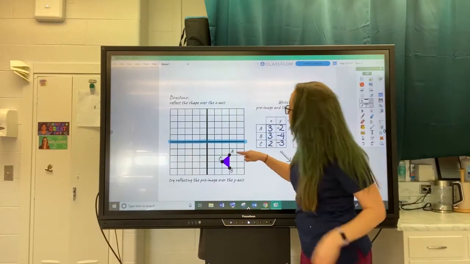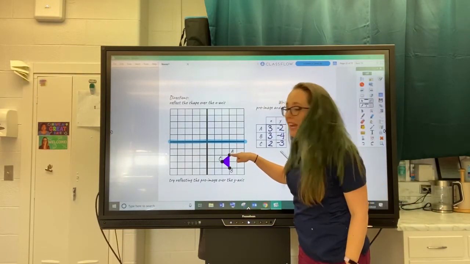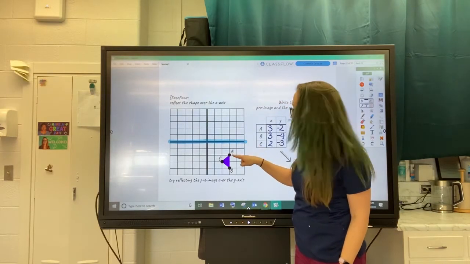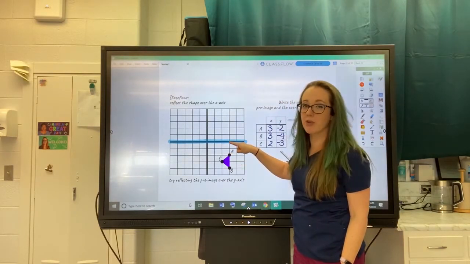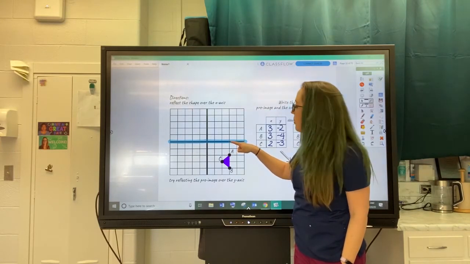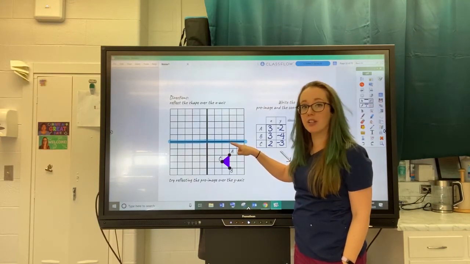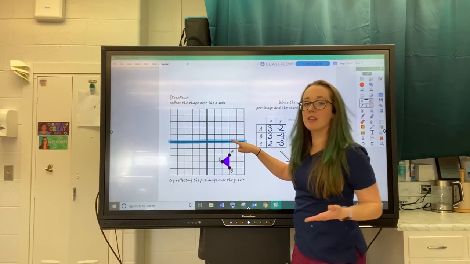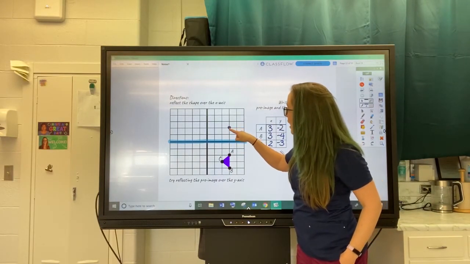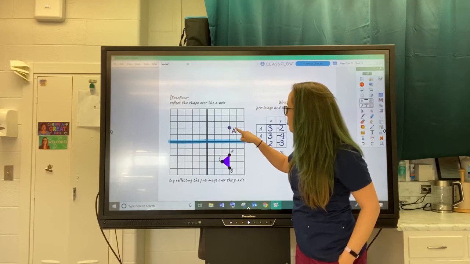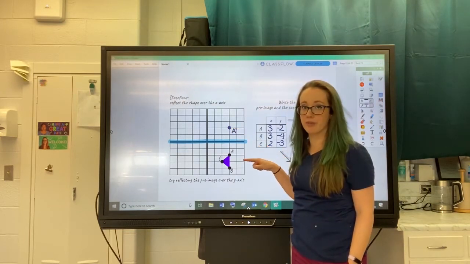Okay, I'm going to count how far point A is from the x-axis. So it is 1, 2 blocks from the x-axis, and I'm going to put its reflection 2 blocks on the other side. So 1, 2, that is where A prime is going to go.